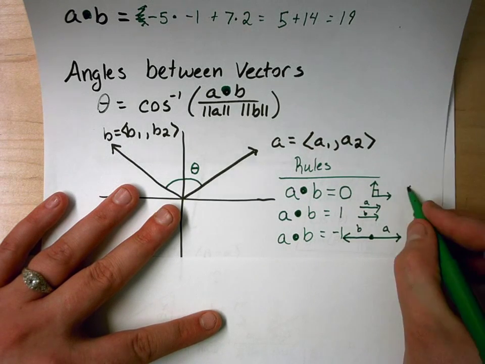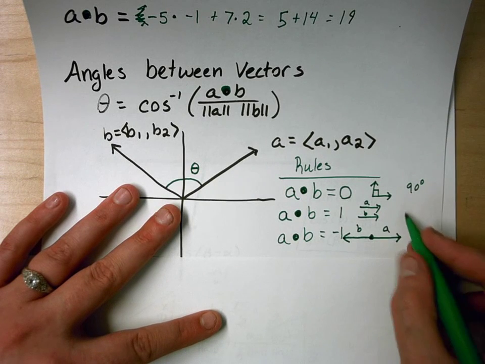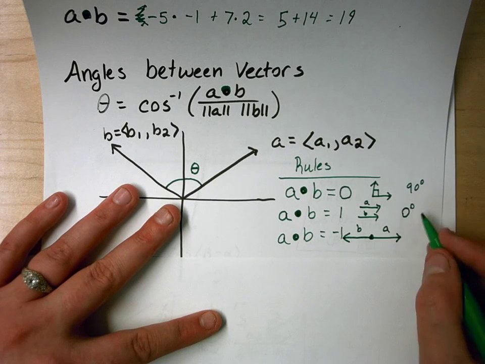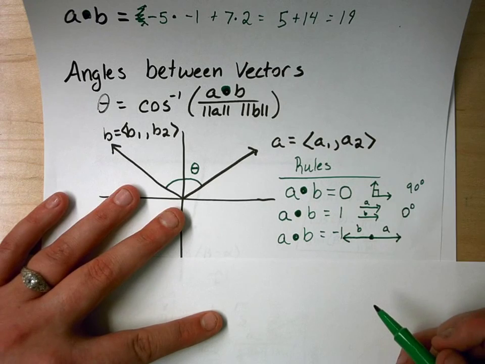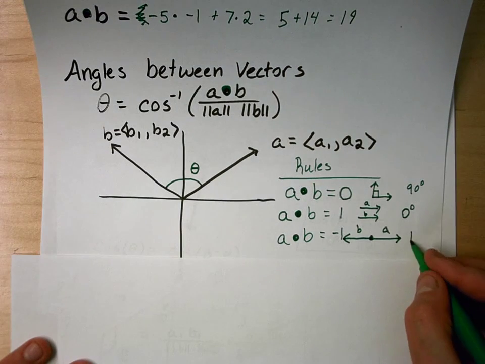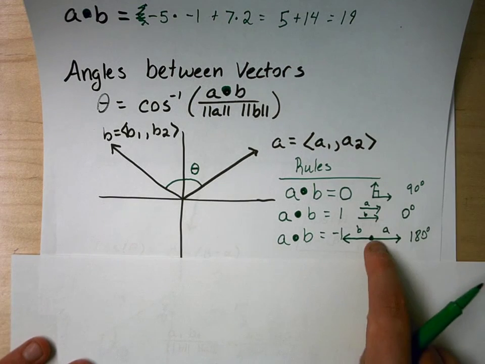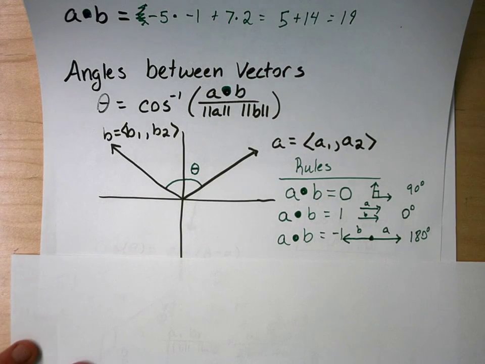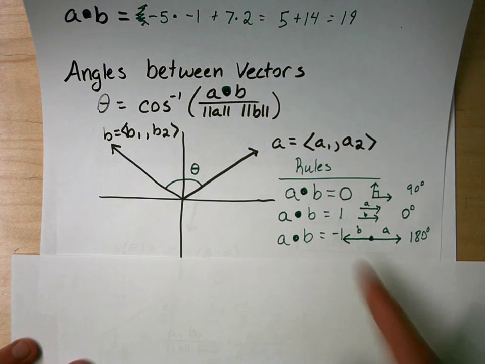Okay, so we have that there's a 90-degree angle, that there's a 0-degree angle, because they'd be overlapping each other, they'd be going the same direction. And then we have 180 degrees, meaning that they would be going opposite directions. All right, if A dot B equals -1.